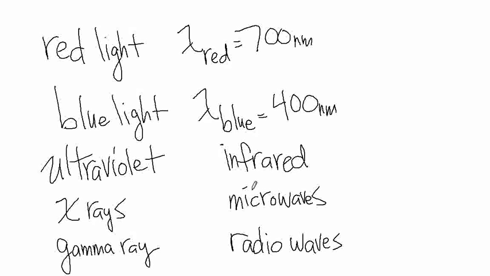Okay? Now, I would like you to note the wavelengths of red and blue light, and I'd like you to do an exercise for me. I'd like you to calculate the period and frequency of red and blue light. All right, so here's what I want.